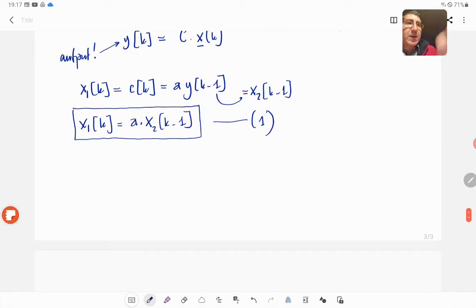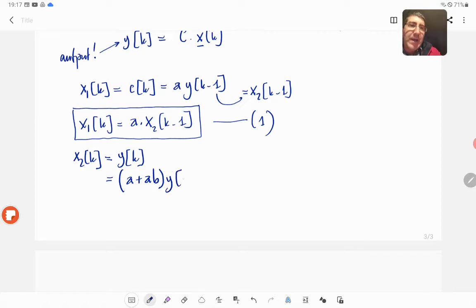Now let's go to x2 of k. The second state equation is, we know, by definition y of k. And let us try to write this down. We know that it is a plus ab times y k minus 1 and minus ab y k minus 2.